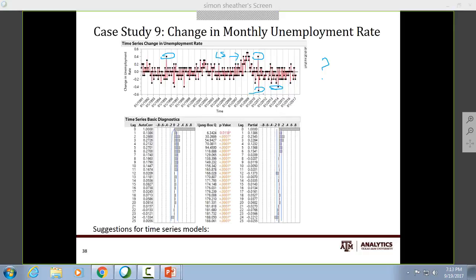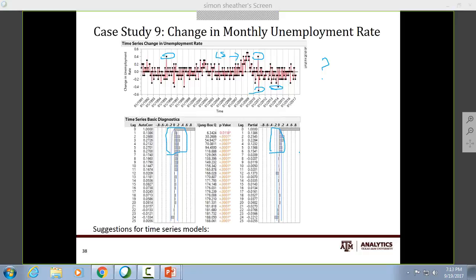Now, let's look at the PACF and the ACF. We have significant stuff down to about lag 6. Maybe 7 is marginal. And then here it's about down to lag 6. But do you see, does the ACF cut off or the PACF cut off?